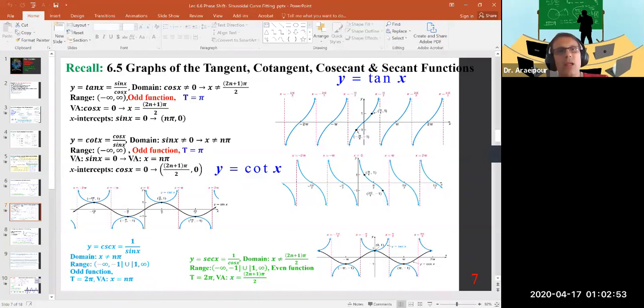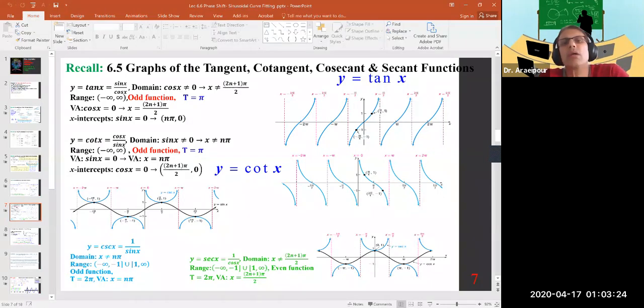Okay, class? And as long as we know the ratio, we should be able to come up with just about everything. Just to give you an idea, when you're looking at tangent, cosine is 0 at odd multiples of pi over 2. 2n plus 1 means an odd number, where n is an integer. Sometimes you may see 2k plus 1, okay, class? k represents an integer, okay?